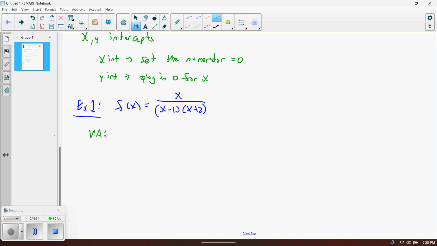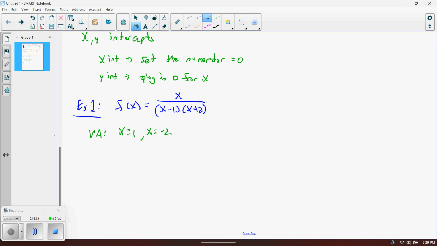And of course, neither 1 nor -2, if you plug that in the numerator, makes the top 0. So I've got vertical asymptotes at x equals 1 and x equals -2. And because these are lines, you need to write them as equations of lines. You don't just write down 1 and -2. You write x equals 1, x equals -2. Those are vertical lines, vertical asymptotes.